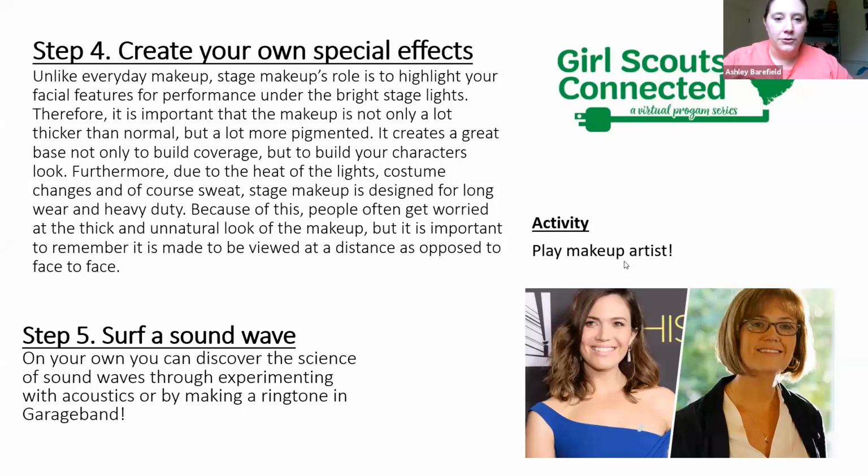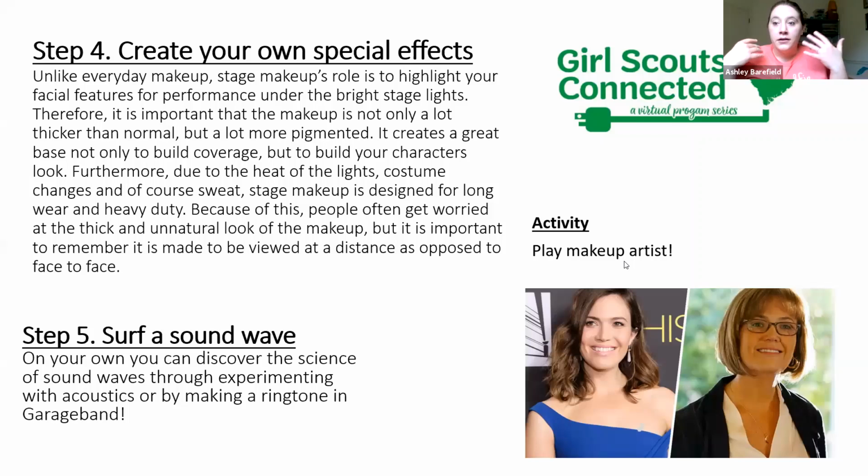You can also brighten things. So I found this extremely long definition of what stage makeup is online. Basically the difference between everyday makeup and stage makeup is that stage makeup is a lot thicker. So it will keep actors and actresses from sweating, but it also helps with the lighting. When lights are shining on you, it dims things.